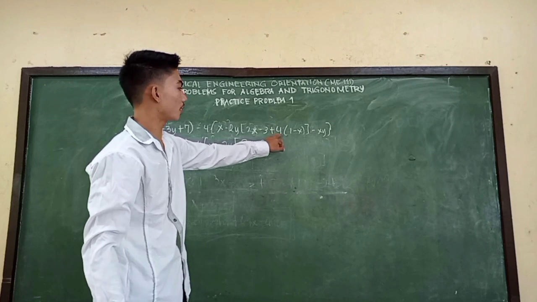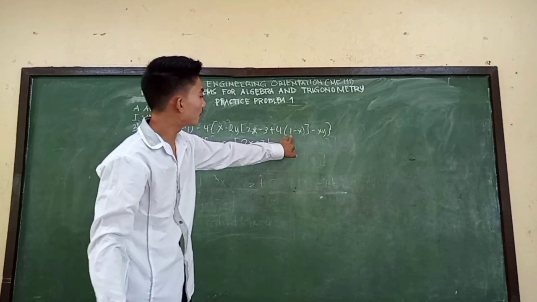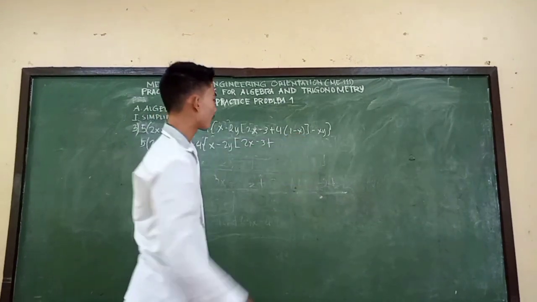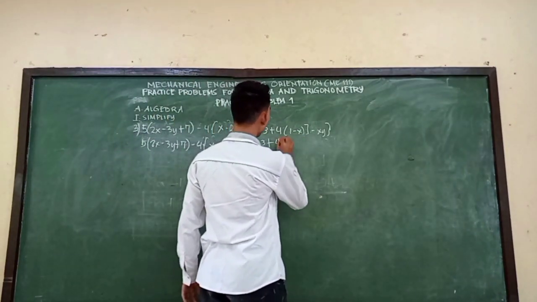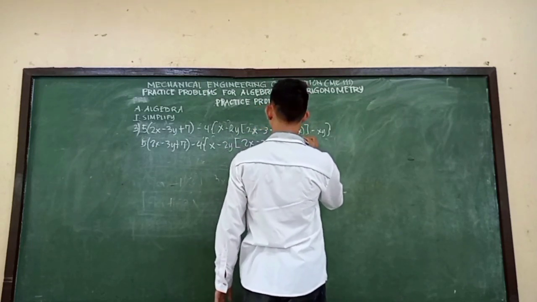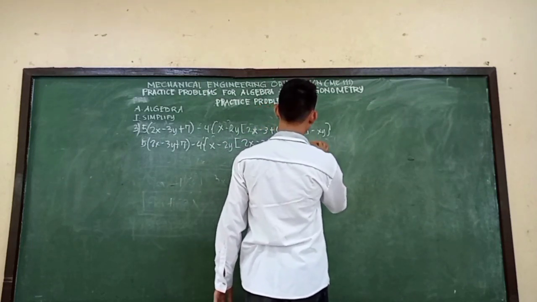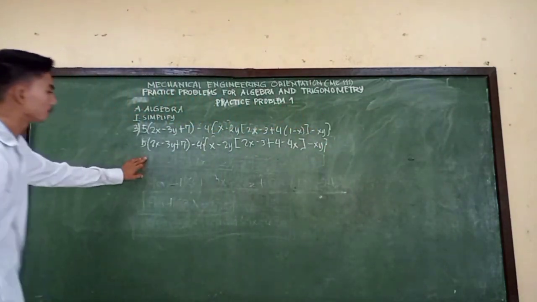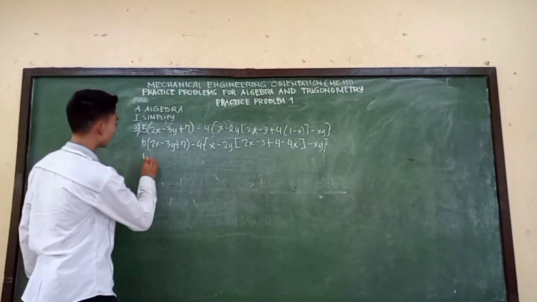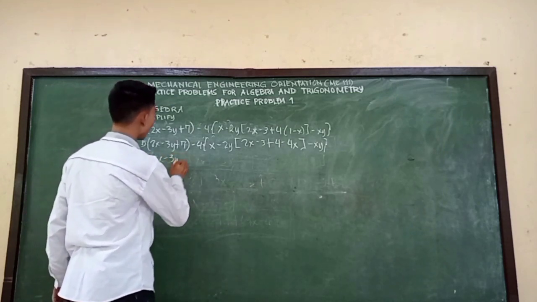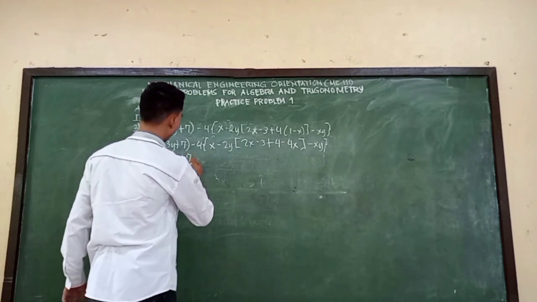We will first distribute 4 with 1 minus x. So the answer will be 4 minus 4x. Then the bracket and negative xy in the braces. Copy 2x minus 3y plus 7.